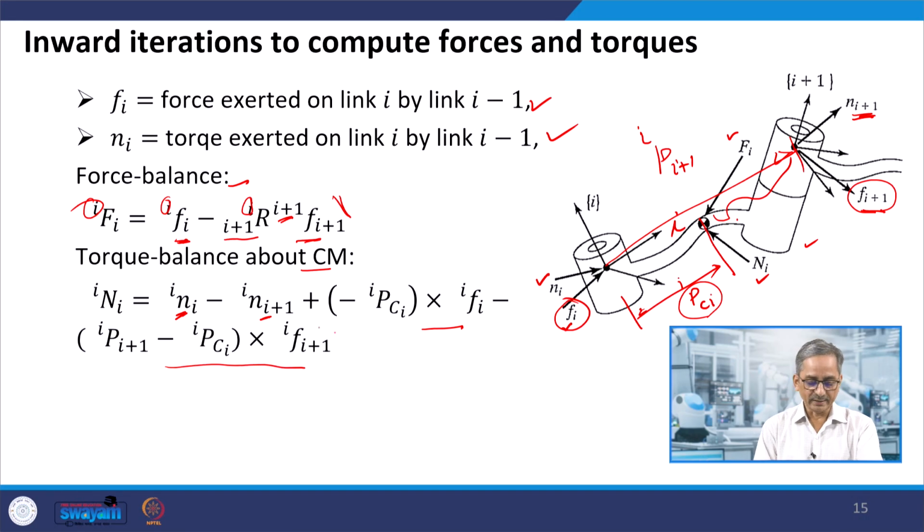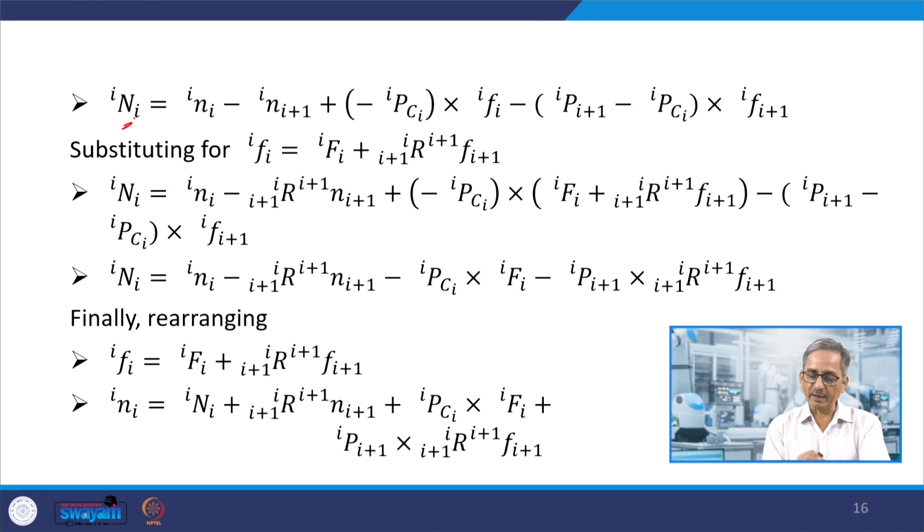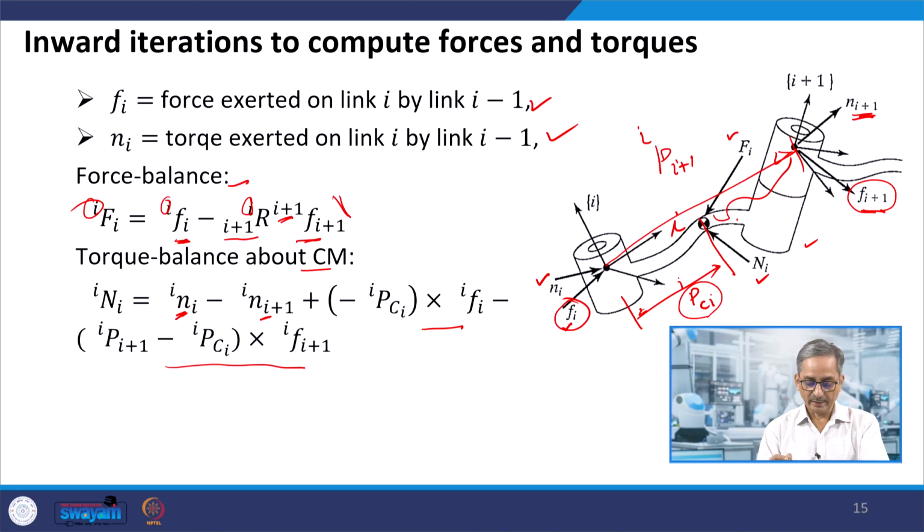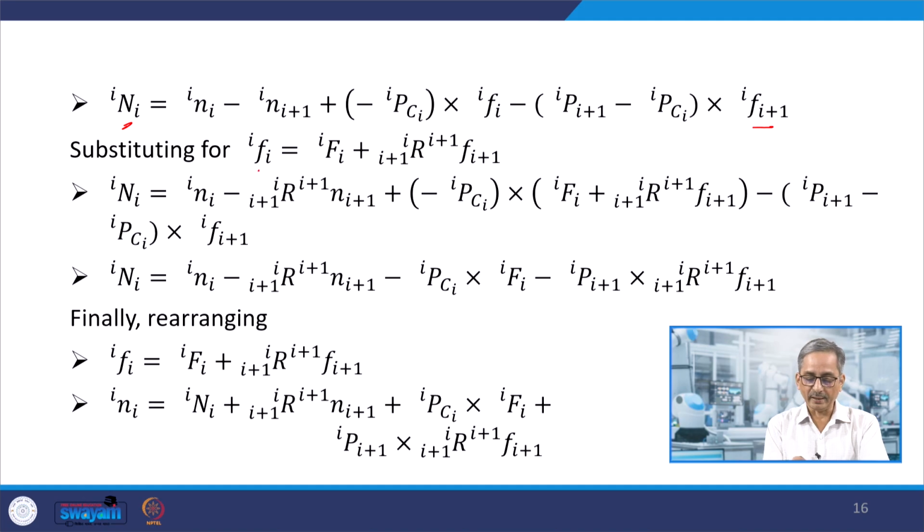And then everything is expressed in terms of the ith frame. This equation is what we have seen in the previous slide, and now I write this equation. From this equation I write Fii. So, I write Fii as this one.